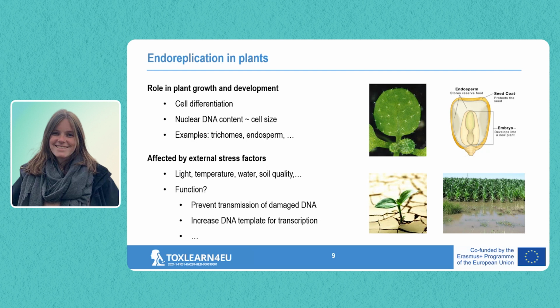Or another hypothesis is that this increase in the amount of DNA could also increase the amount of DNA that's available as a template for transcription. And then we could think, for example, about the transcription of genes that are very important in defense responses, such as antioxidants, which we will also still talk about later this week. But there's also many other hypotheses. So at this point, it's not yet clear.